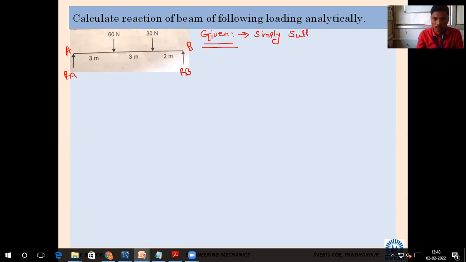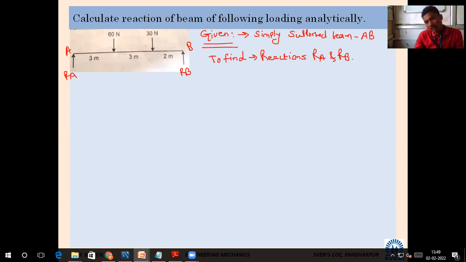Simply supported beam AB. We are supposed to find the reactions RA and RB.